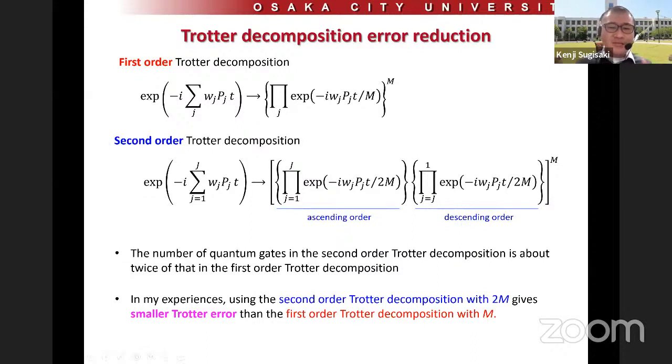So in this case, the number of quantum gates is almost the same between the first order and second order decomposition. But in my experience, using the second order decomposition gives smaller error.